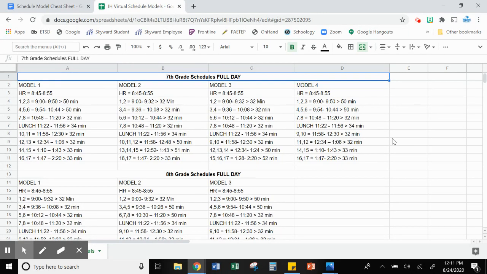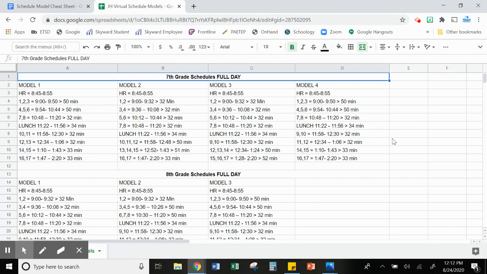What I'm going to do today is take you through some information regarding our scheduling here at the junior high school. One of the things we're going to address is how you determine what model you would follow as a student here at Exeter Junior High School. Exeter Junior High School actually has a very unique schedule.